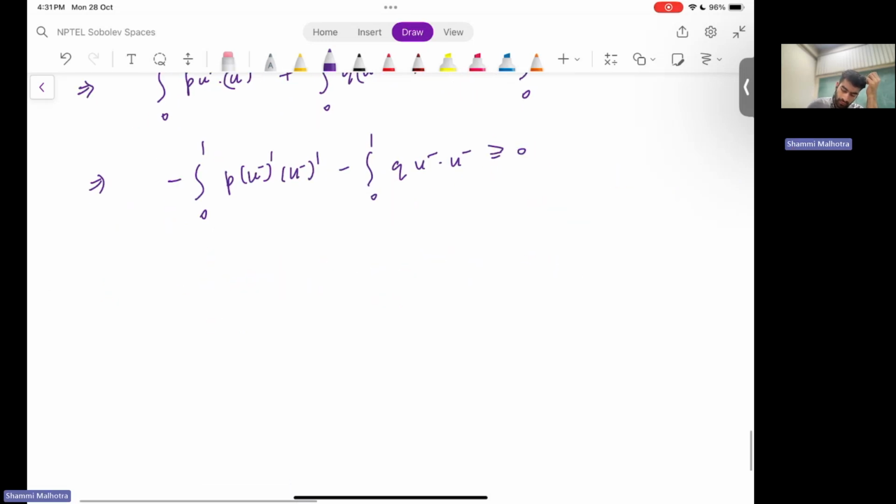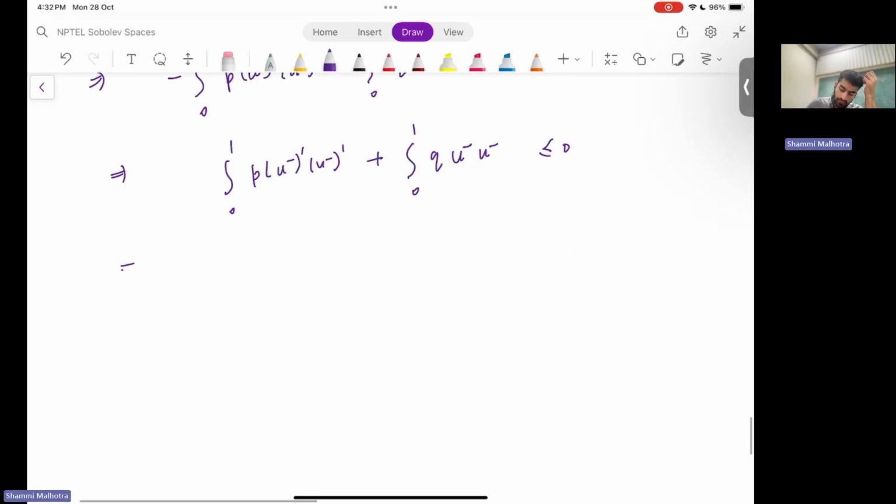So this implies integration 0 to 1 p u minus dash u minus dash plus integration 0 to 1 q u minus is less than or equal to 0. This is nothing but a of u minus, but since a is coercive, this implies u minus is identically equal to 0.